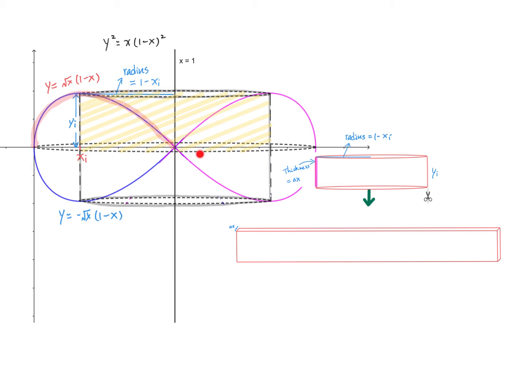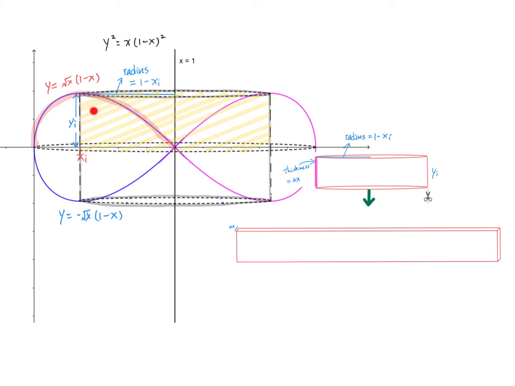And the part of the cylinder which is below the x-axis comes from the curve y = minus root x times (1 - x). These two parts of the cylinder are symmetrical, meaning the volumes of these two parts are the same. Therefore, we can just calculate the volume of half of this cylinder and multiply it by 2, and you will get the volume of the whole cylinder.